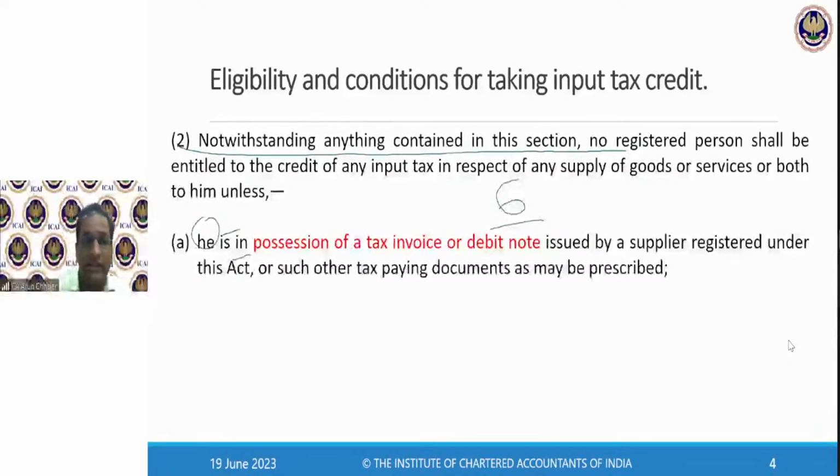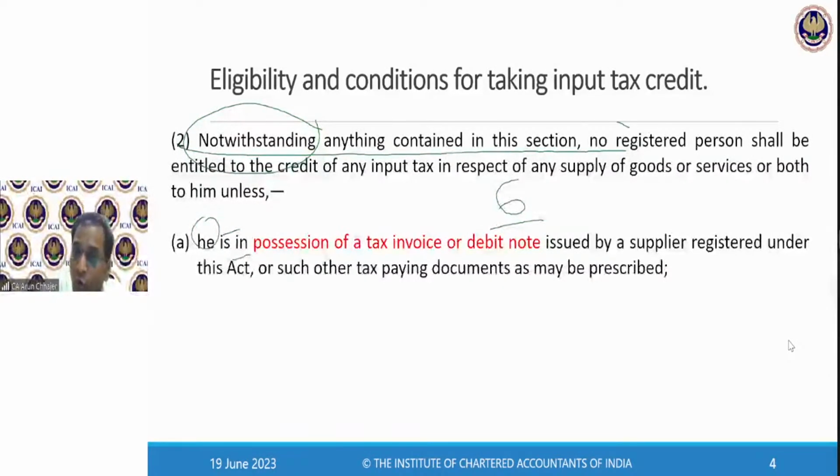Point number 1, section 16 subsection 2 starts with a non-obstante clause. What is the meaning of a non-obstante clause? It means it overrides all other provisions of the GST law. This is a supreme condition. Once you satisfy it, then only you can take the ITC.